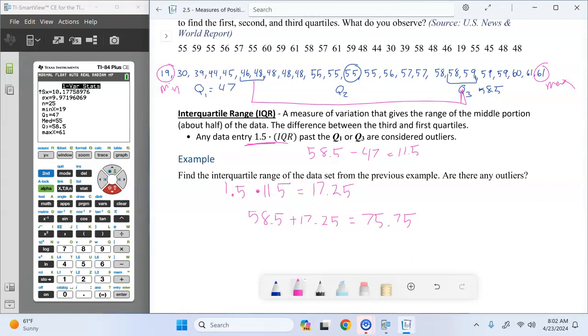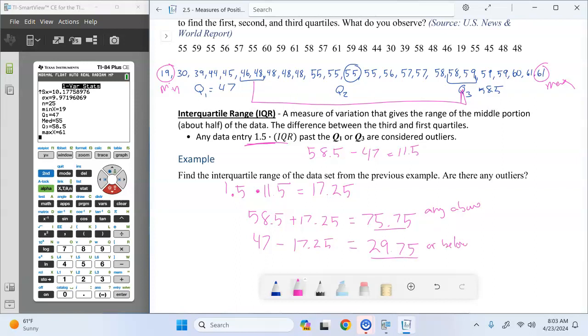Do I have any data values above 75.75? No, my maximum is 61, okay? So the right side is fine. Then if I take my Q1, 47, and I subtract 17.25, what do we get? Anything above or below these numbers are outliers.